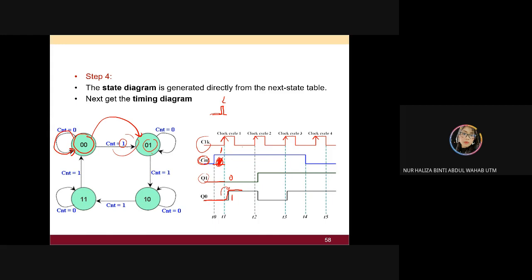Similarly, you proceed until you meet another positive clock. So at this stage, what is your value? It is 0, 1.